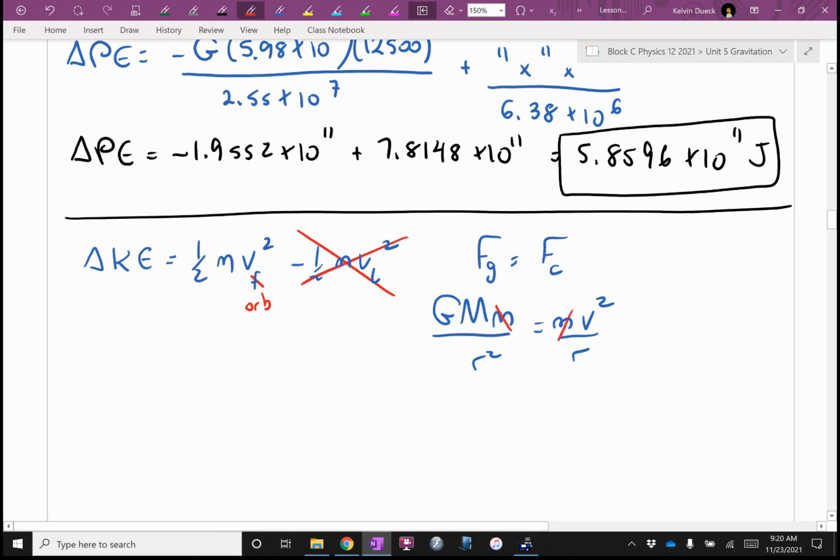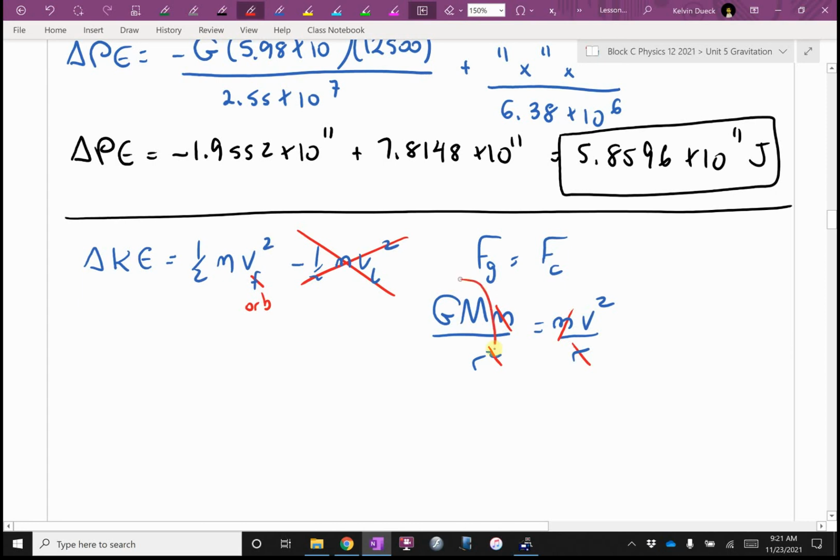Hey, little m cancels. Hey, one of the r's cancels. I was going to take the square root, but then I went, wait a minute, don't I have a v squared sitting right here? I'll just leave it as v squared because I'm that lazy.